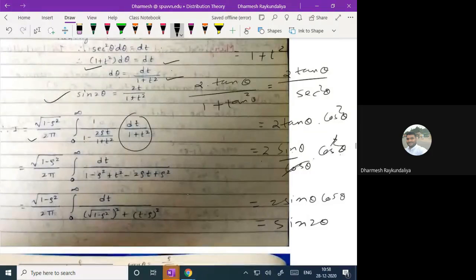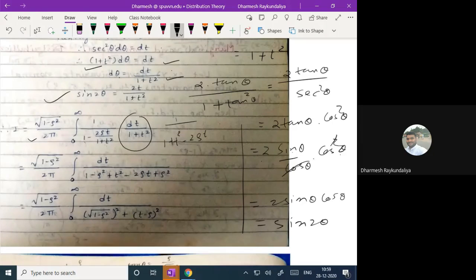Now I can simplify in this way. Taking this here, 1 plus t square minus 2 rho t, I can write this as 1 upon 1 plus t square minus 2 rho t upon 1 plus t square, and this 1 plus t square cancels out.